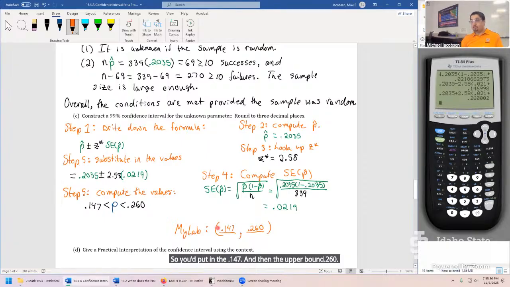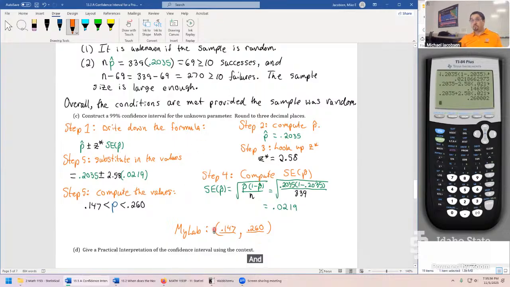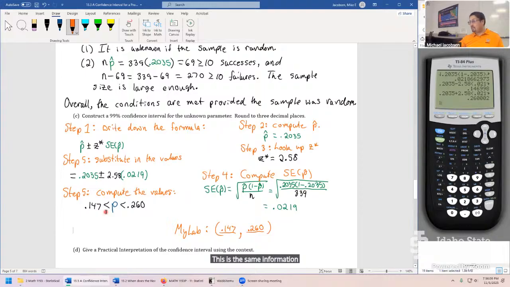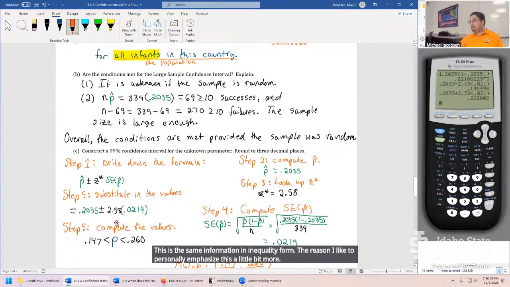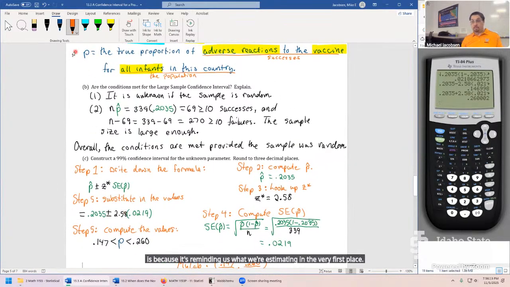So that's what it looks like as a MyLab problem. You're free to do that as well. That's the actual mathematical interval using interval notation. This is the same information in inequality form. The reason I like to personally emphasize this a little bit more is because it's reminding us what we're estimating in the very first place, the parameter P way up at the top.